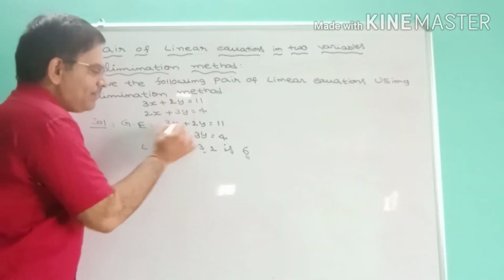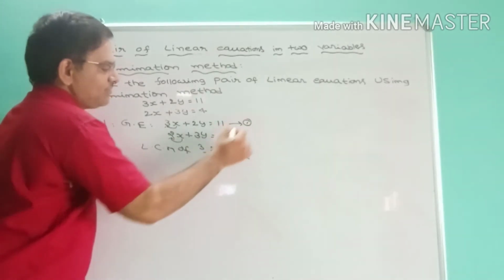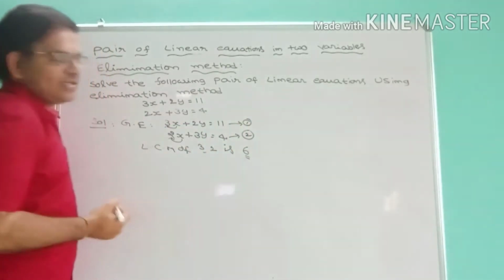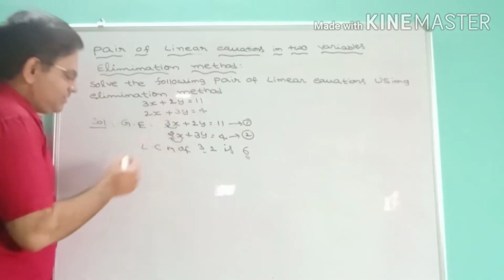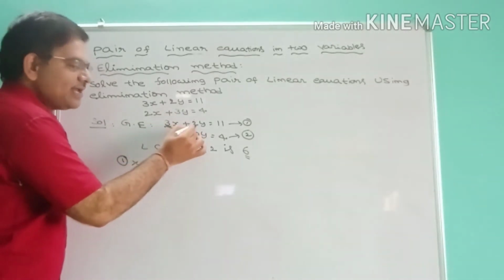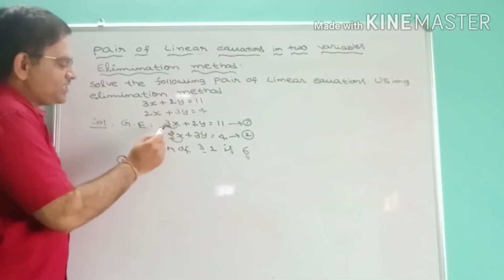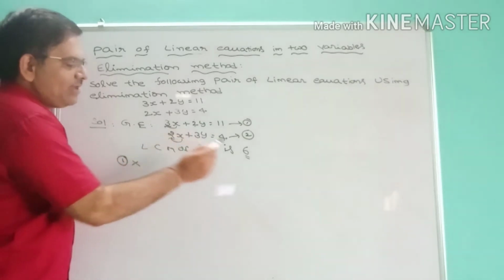When will you get 6 here? Multiply the whole equation by 2; this is equation 1 and this is equation 2. First equation: already 3 is there; don't consider the y coefficient, concentrate only on the x coefficient. When will we get 6?